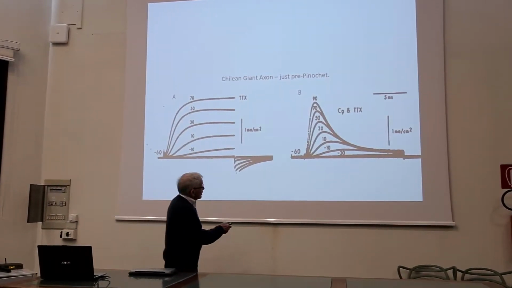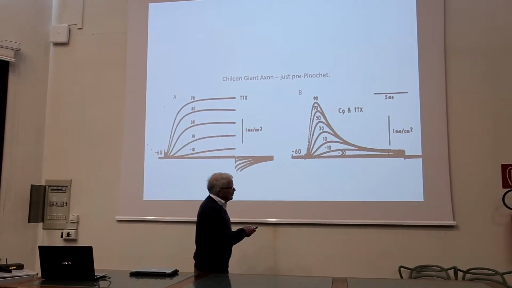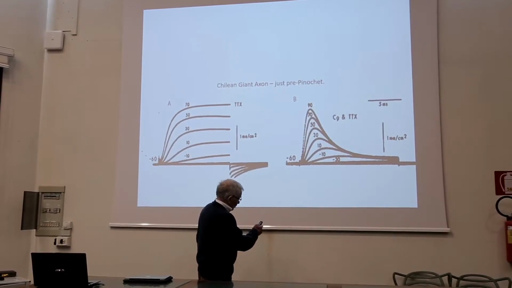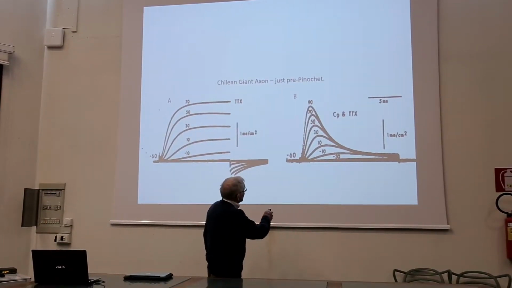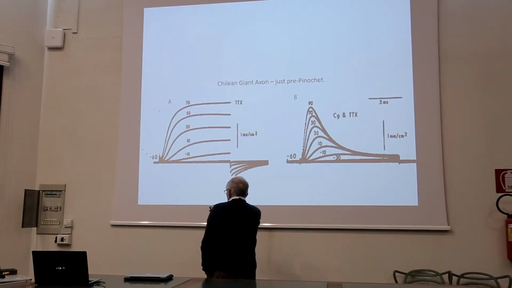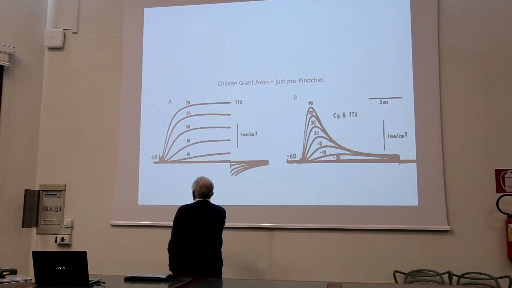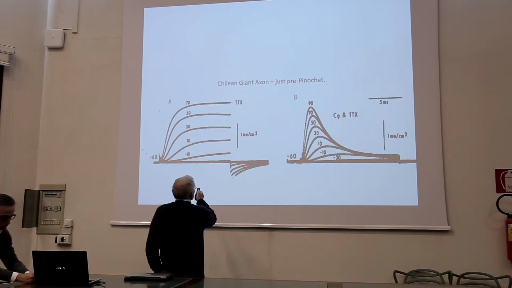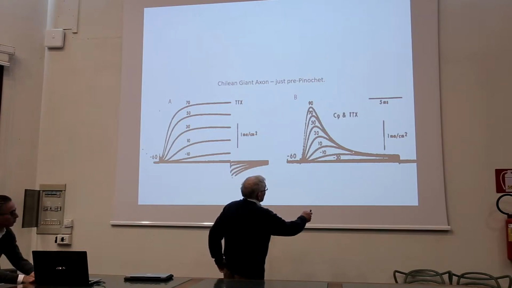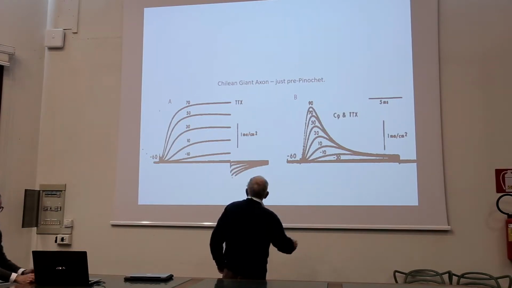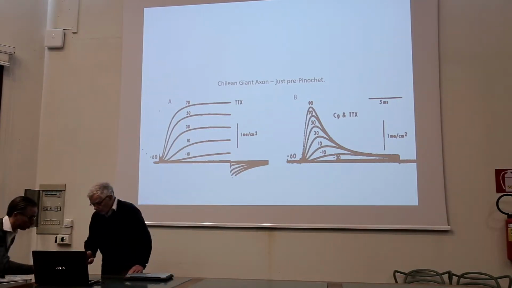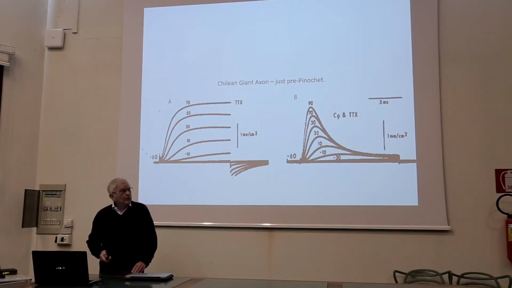So you see that the C9, which is injected inside of the axon, produces this transient current. The channel begins to open, and instead of staying open, the current decays away as the C9 acts.